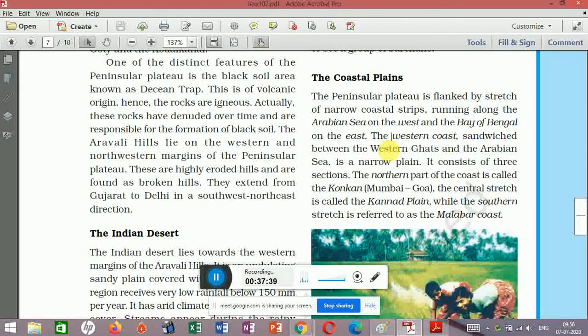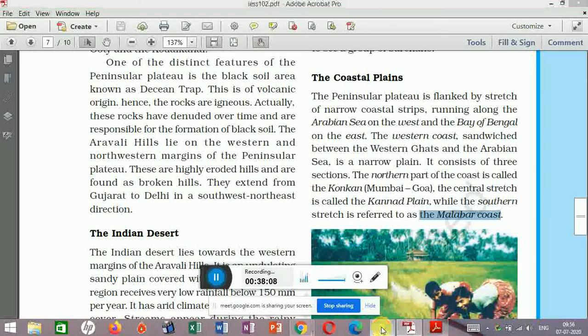Let us read. The western coast sandwiched between the Western Ghats and the Arabian Sea is a narrow plain. So the western coastal plain is a narrow one. It consists of three sections. The northern part of the coast is called Konkan, that is Mumbai to Goa. The central stretch is called Kannar, while the southern stretch is called Malabar.